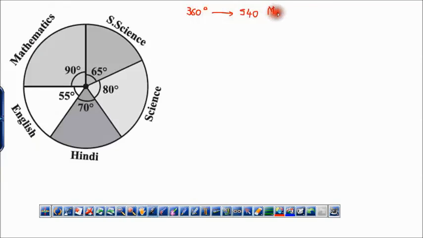So 360 is 540, then 90 degree is how much? Cross multiply and calculate.